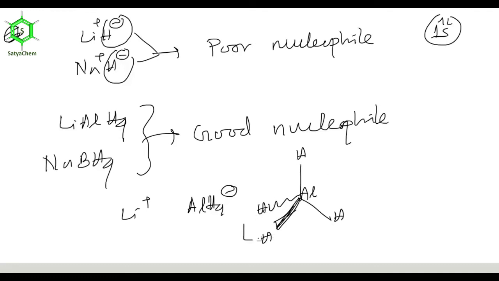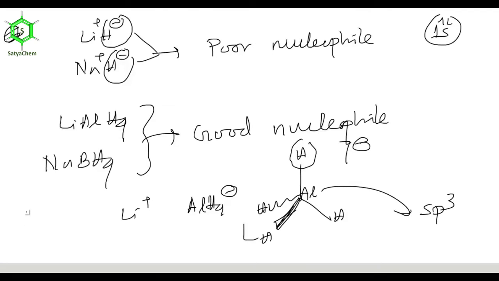And here aluminium is sp3 hybridized. As aluminium is sp3 hybridized, the 1s orbital of hydrogen makes a bond with an sp3 hybridized orbital.